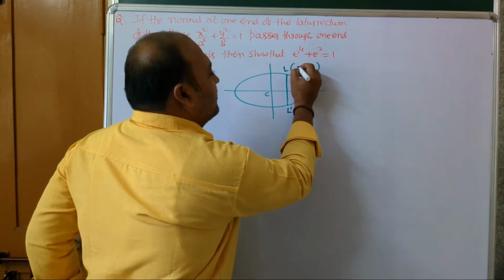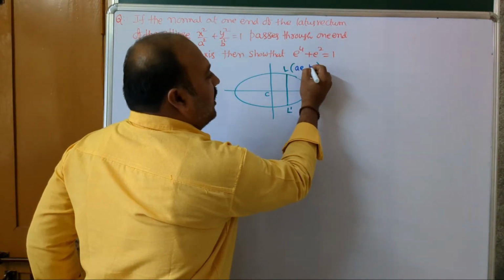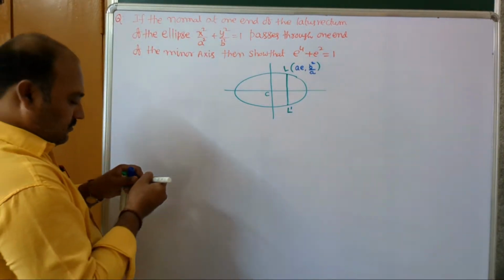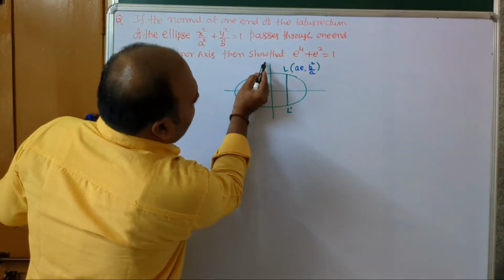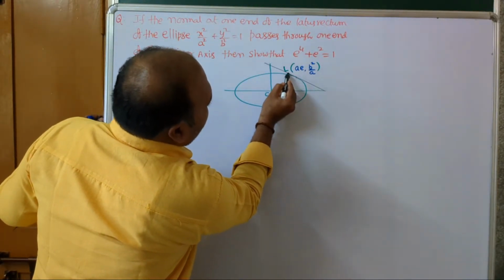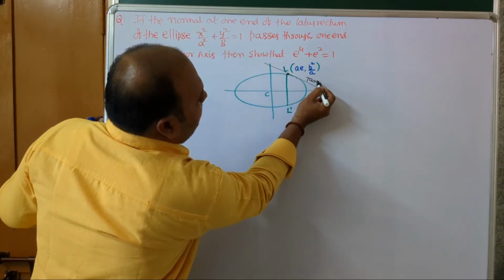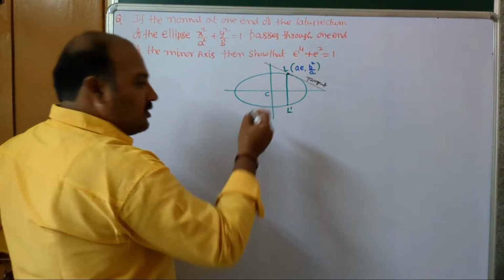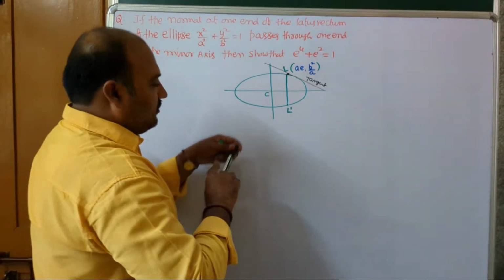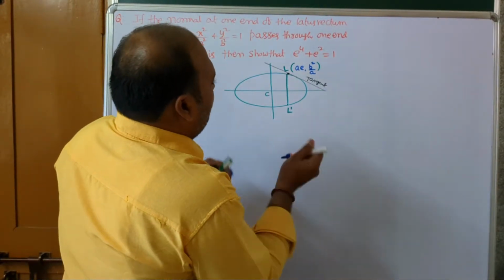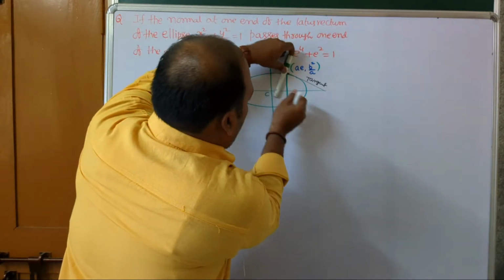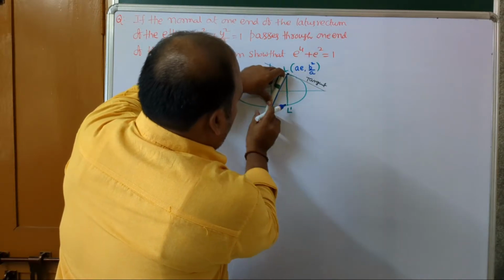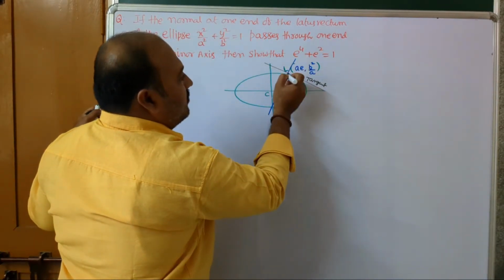One end of the latus rectum, that is positive end, if I take ae comma b square by a. This is the tangent equation. For tangent, the perpendicular line is obviously the normal. So this is the normal equation. Just I am drawing according to the normal equation. This is the normal.